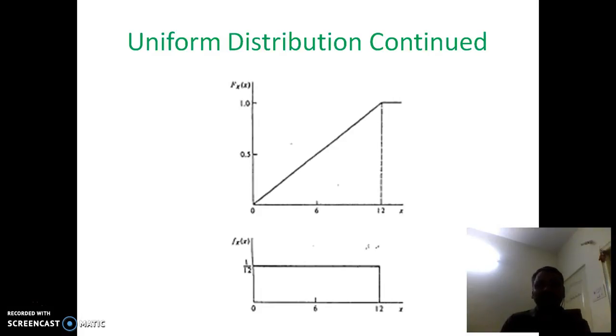The curves of CDF and PDF of uniform distribution have been shown on the slide.